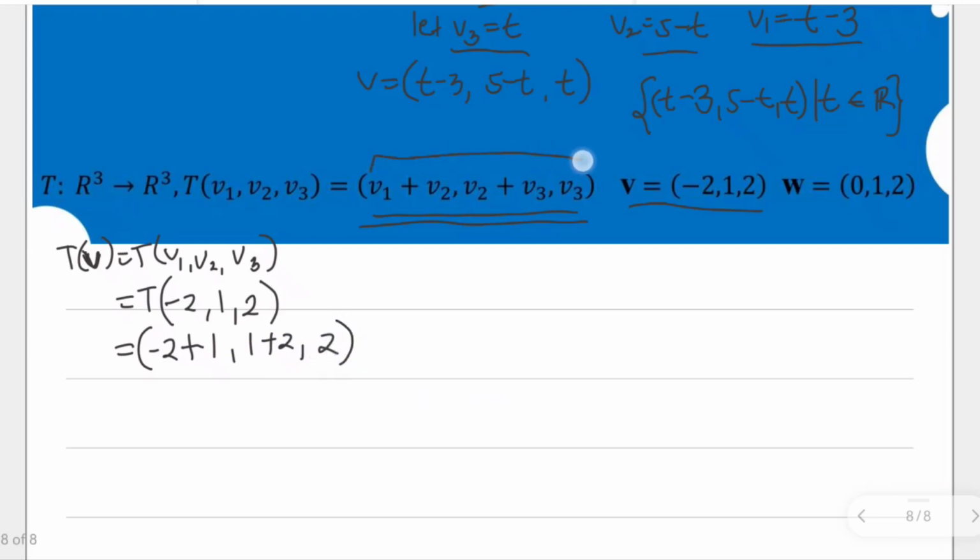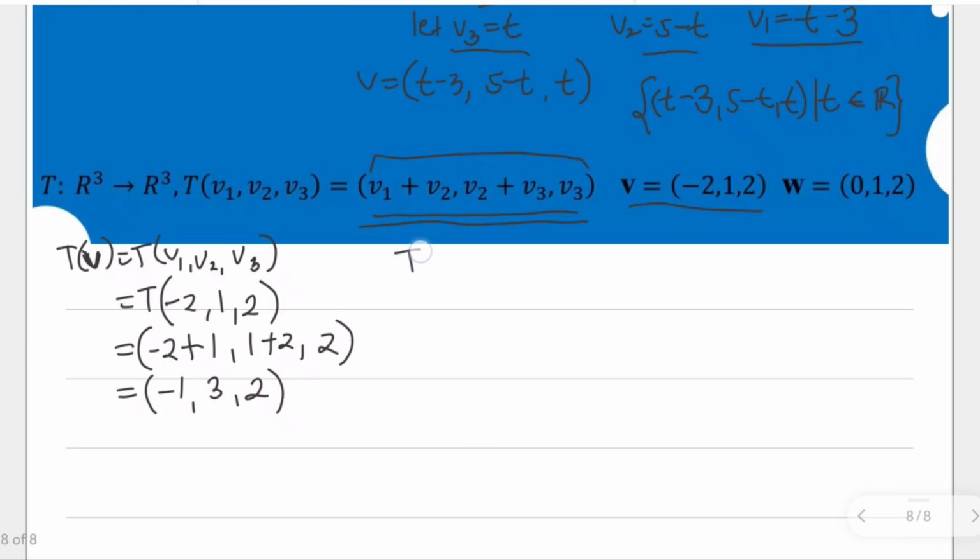Following this definition, the image of your vector V is negative 1, 3, and then 2. Again, it's easier to solve for the image because you already have your definition.